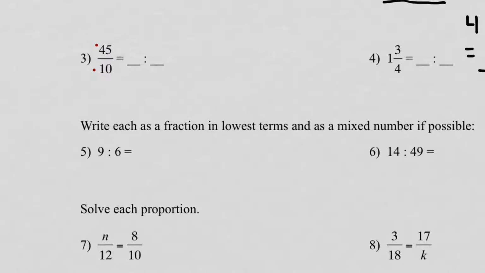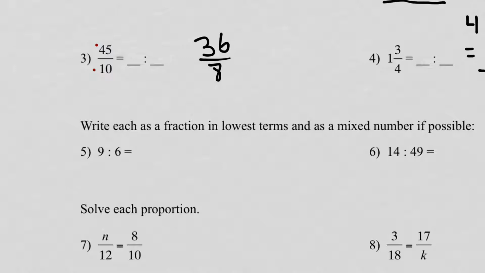So let's take a look at a different fraction. Let's say 36 over 8. The first thing I'll do is reduce this down. It looks like I can divide the top and the bottom both by 4.